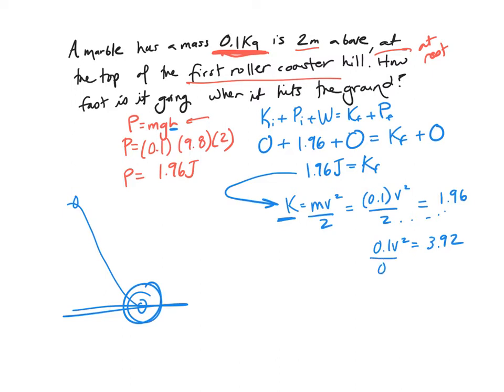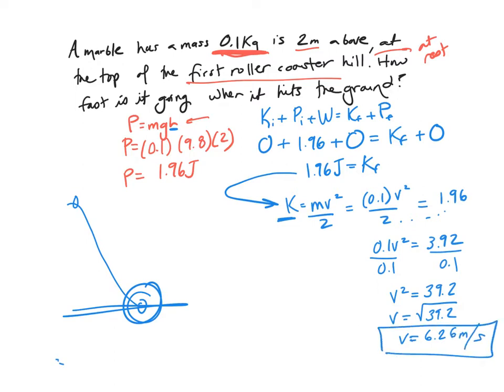So now we're going to divide by 0.1. So v squared is equal to 39.2, and then we're going to take the square root of that. So we get 6.26 meters per second. All right, and that takes care of that answer.